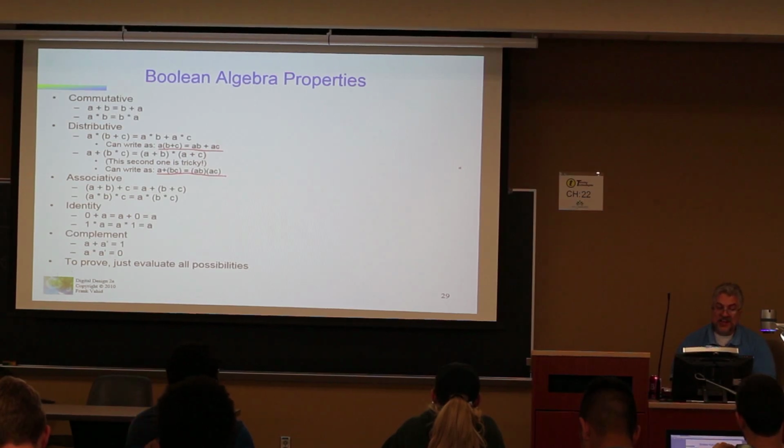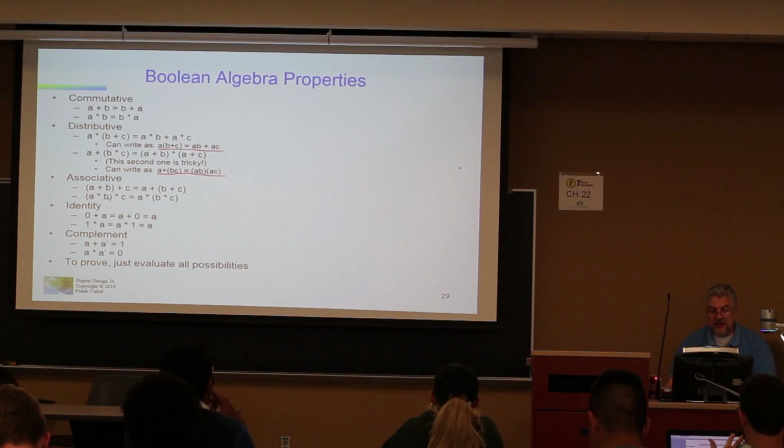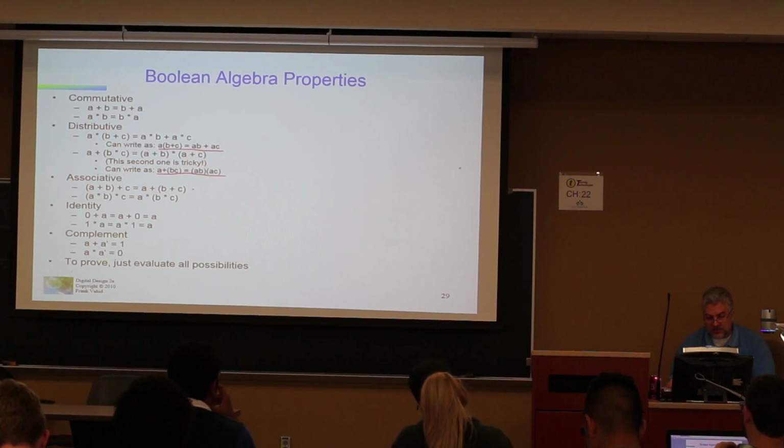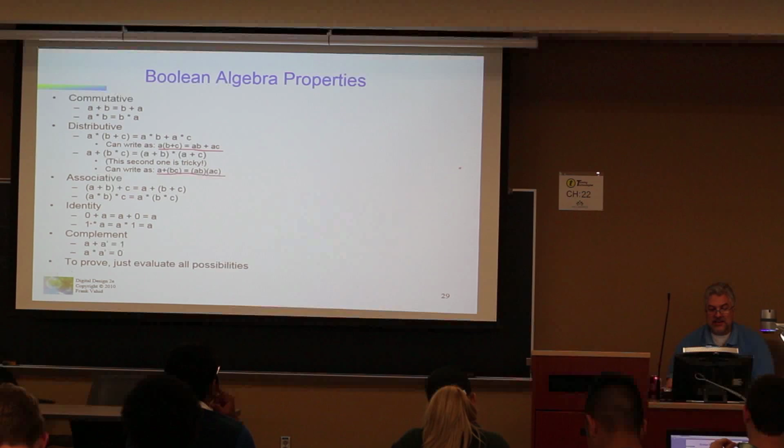The associative is the same as well, in that if you are putting in parentheses A and B and C, it's the same as A and B and C. Associative: A or B together or C is the same as A or B or C. Identity: if you have A and you're ORing it with A, this is just the same as A, right? Or if you have A and you're ANDing it with 1, that's just the same as A. If you're ORing something and its complement, it will always be 1.